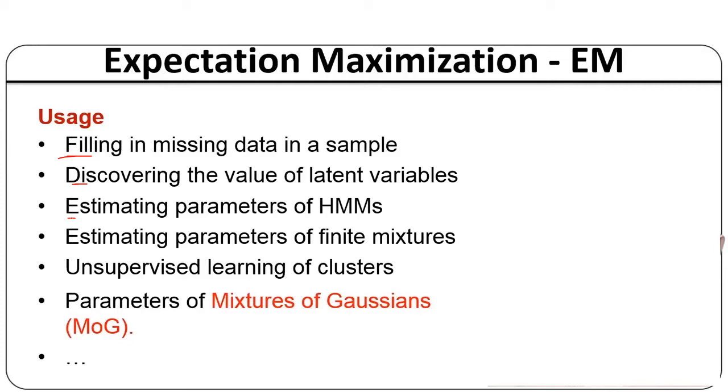It will also be used for estimating the parameters of finite mixture models, which could be our Gaussian mixture models, and for unsupervised learning of clusters. The main purpose of the expectation maximization algorithm is clustering the objects. Clustering comes under the unsupervised learning methods, right? And again the parameters of mixtures of Gaussian models. These are some areas where the expectation maximization algorithm can be broadly used.